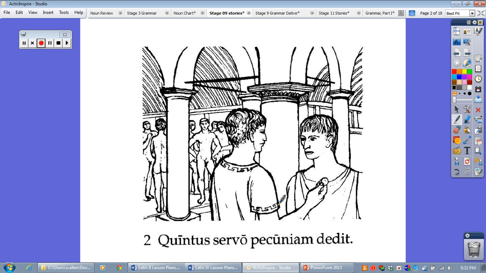Well, what does it look like in the picture? Here's Quintus holding a coin. Here's the slave. Could we translate the sentence as Quintus gave the slave money? The answer is yes. Could we also translate that as Quintus gave money to the slave? The answer is also yes.